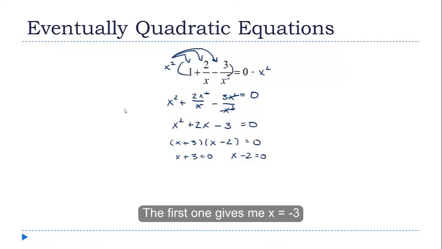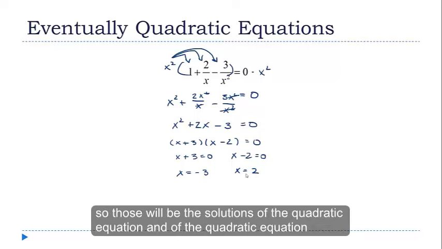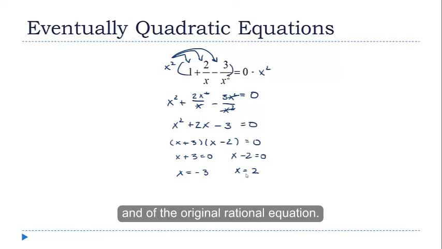The first one gives me x equals -3, and the second gives me x equals 2. So those will be the solutions of the quadratic equation and of the original rational equation.